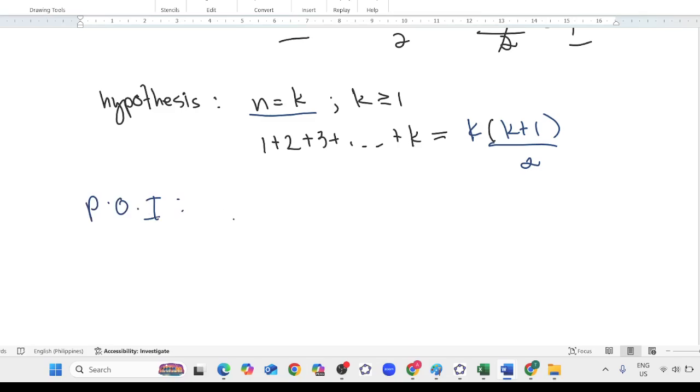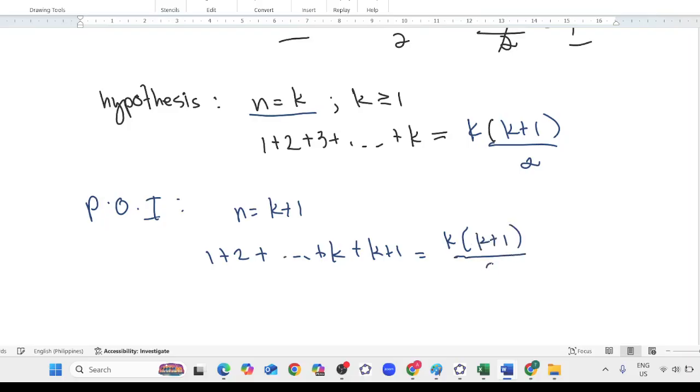We have n equal to k plus 1. So 1 plus 2 up to k, then we add k plus 1 to both sides, and that is equal to k times k plus 1 over 2 plus k plus 1.